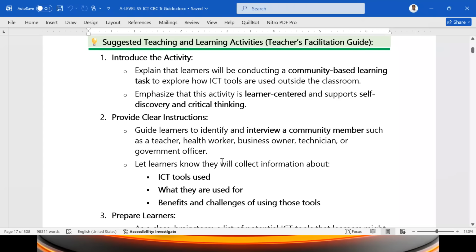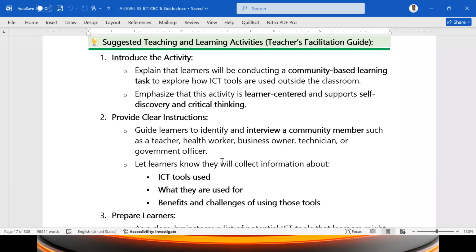The teacher introduces the activity, explaining that learners will be conducting a community-based learning task to explore how ICT tools are used outside the classroom. Emphasize that this activity is learner-centered and supports self-discovery and critical thinking.